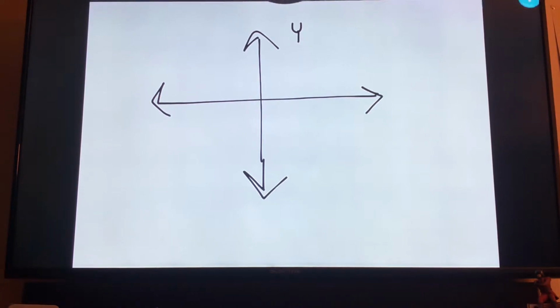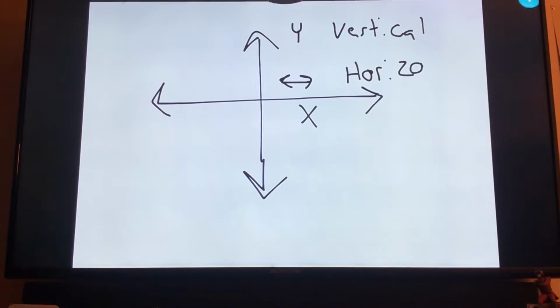X runs like this, which is horizontal. So up and down for y, across is horizontal for x. When I'm talking about an ordered pair, I'm talking about an x and a y.